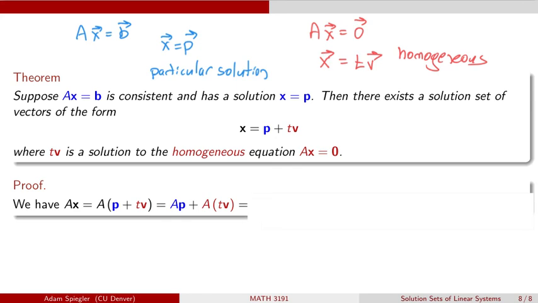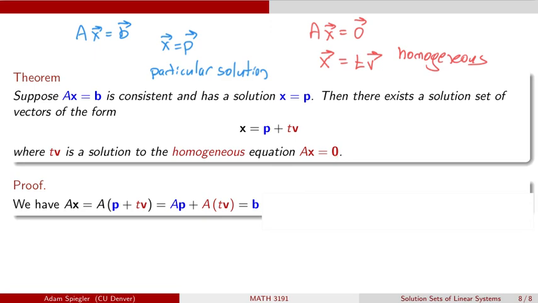So we know that p is a particular solution. In other words, when I plug x equals p into this equation, out comes b. So A times p gives me b. And then next, since tv is a homogeneous solution, I know when I plug this in for x, I should wind up with 0.